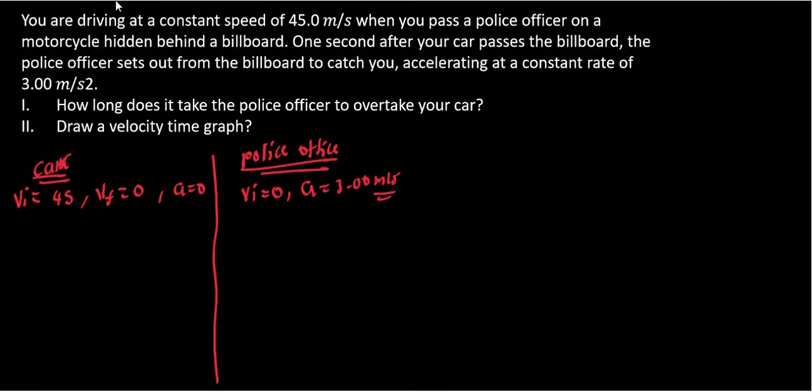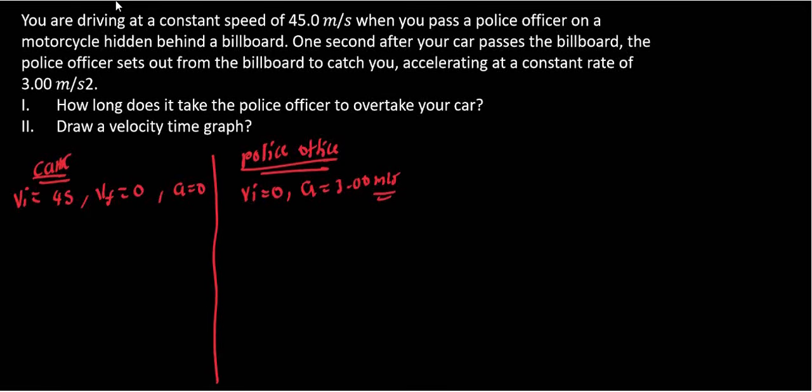So here, what will happen is that you were moving at 45. What we're having here is the initial velocity, final velocity, and acceleration. Here they're saying that after 1 second, that's when the police officer started chasing you.